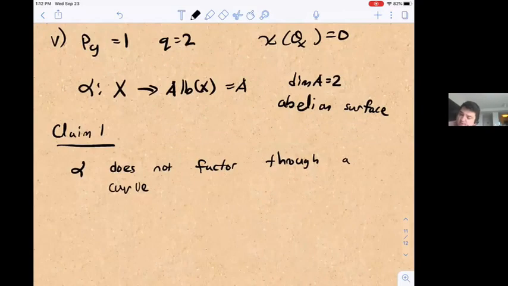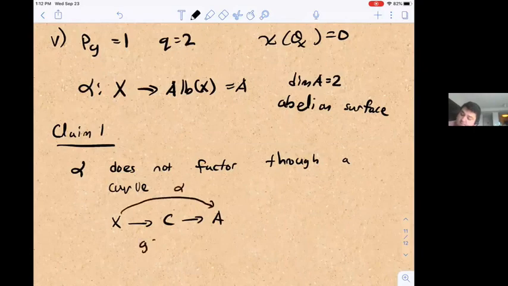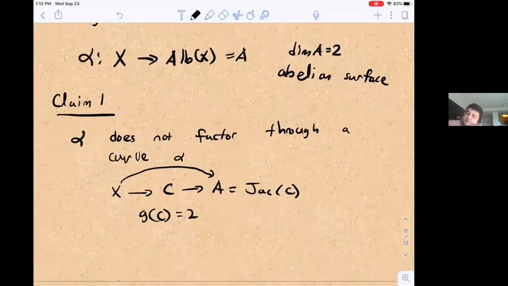Then by this universal property of the Albanese, we would have that the genus of C is 2, and that A is the Jacobian of this C. Right, but on a genus 2 curve, there exist étale covers of large degree.